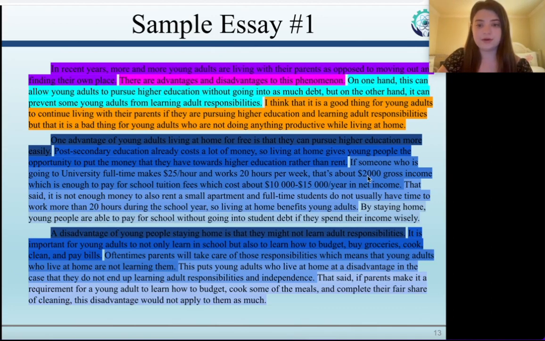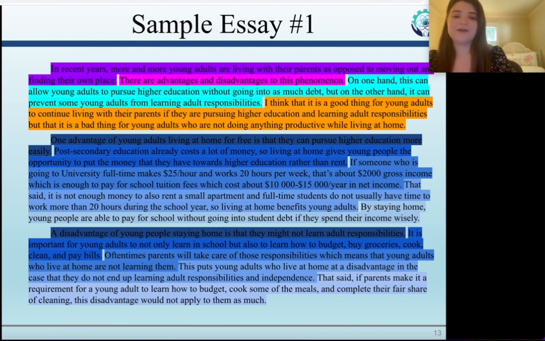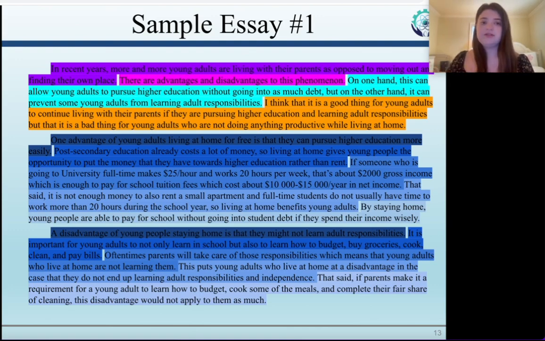In the body paragraph here for sample essay 1 and what those mean and how that's relevant because our entire argument is basically, or at least part of our argument is about how students are able to afford their tuition easier if they live at home, right? Rather than not living at home. So that's the whole argument there.